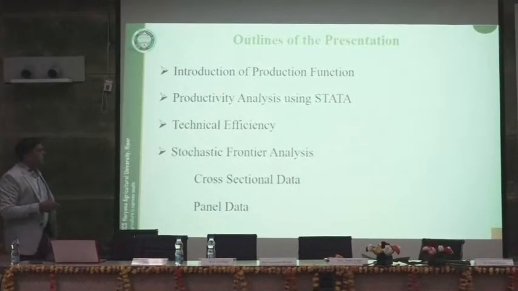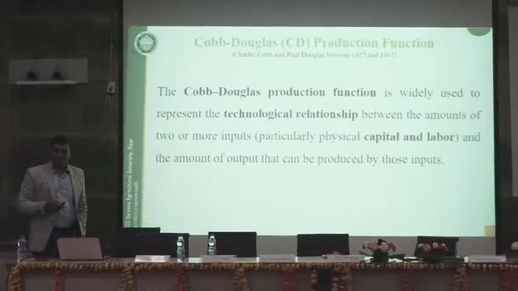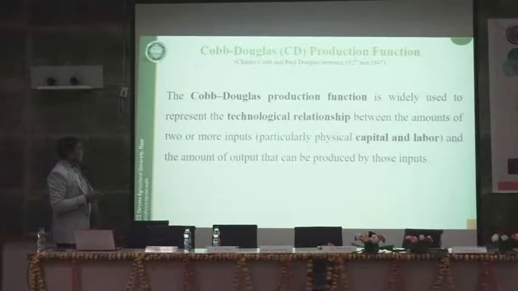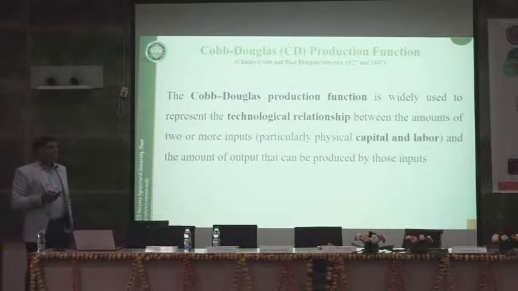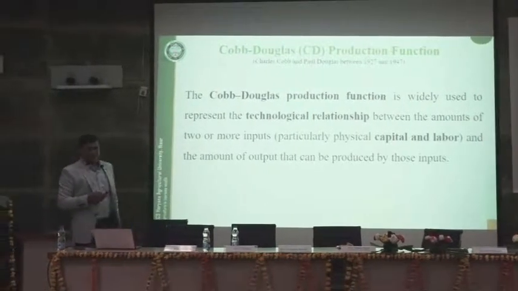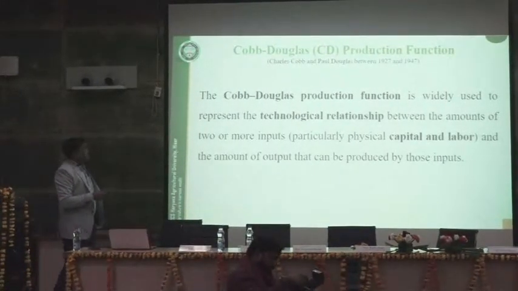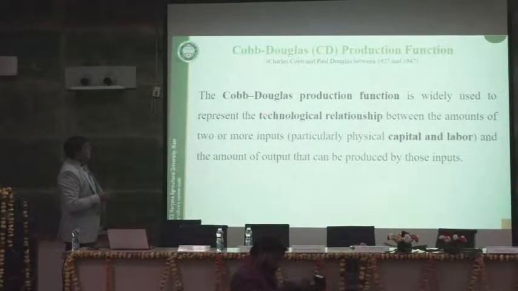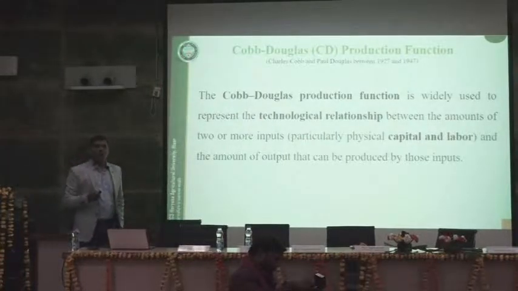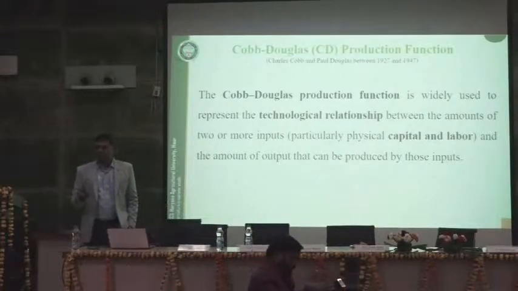Okay. For simplicity, I have used the Cobb-Douglas production function, which was given by Charles Cobb and Paul Douglas between 1927 and 1947. This Cobb-Douglas production function is the technological relationship between two or more independent variables and one dependent variable, that is, output.